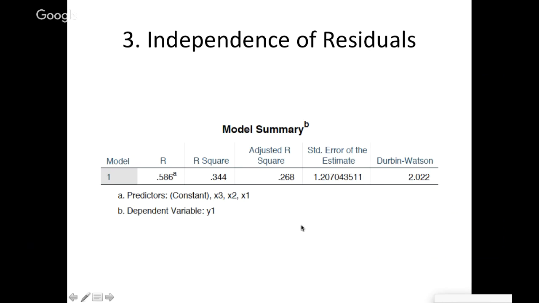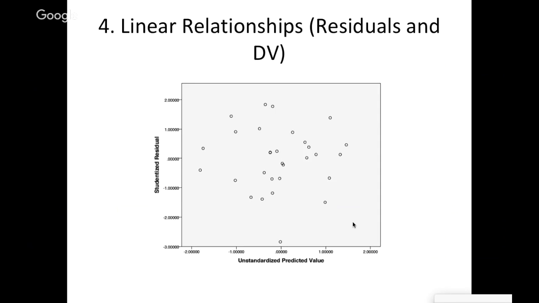For my diagnostics, I was given the Durbin-Watson, and a value of 2 indicates that the residuals are in fact independent. So this 2 right here doesn't give me a reason to believe I violated that assumption. So I'll move on.